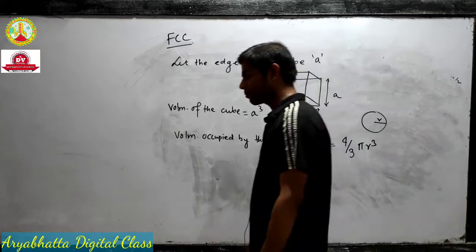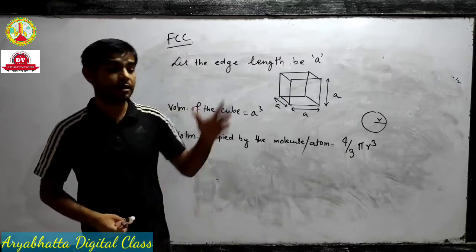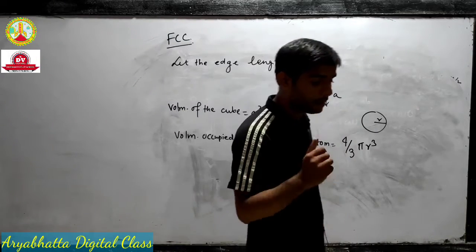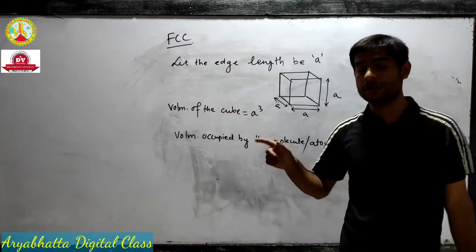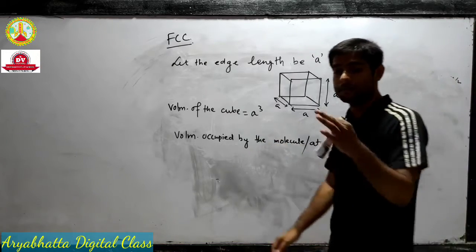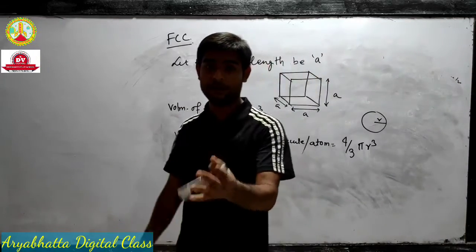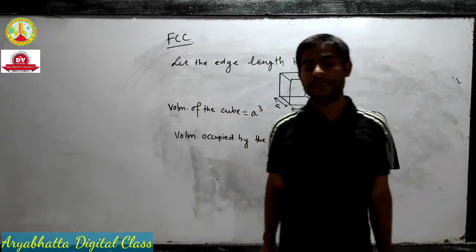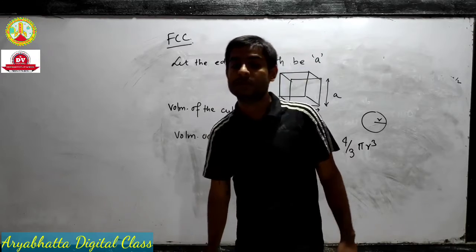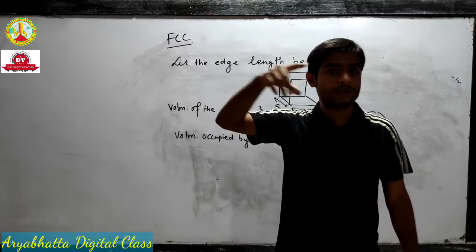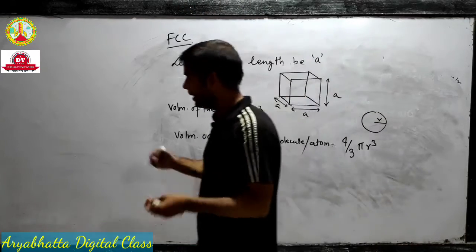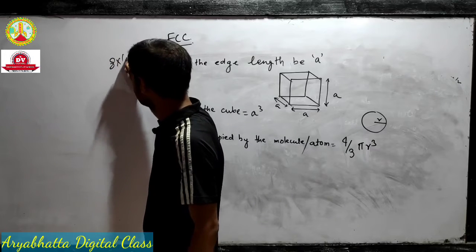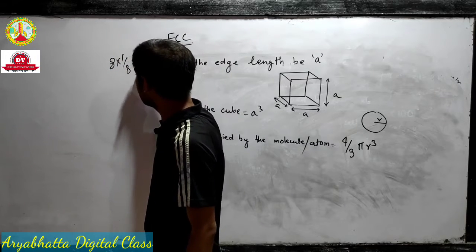If you remember the previous video lectures, I calculated the number of atoms per unit cell, and we saw that there are 8 corners, each corner contains an atom, so for corners it was 8 into 1 by 8, that means 1 atom at the corner.